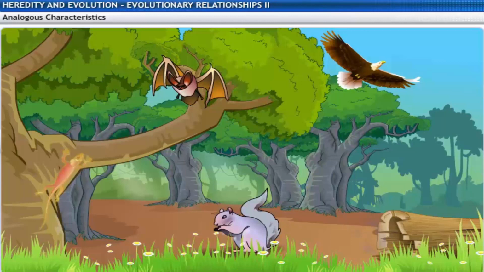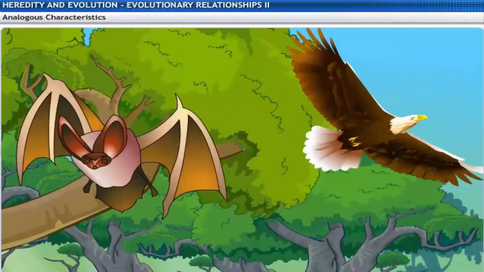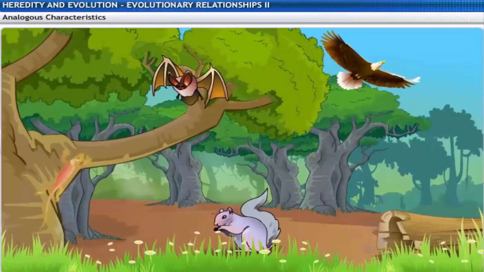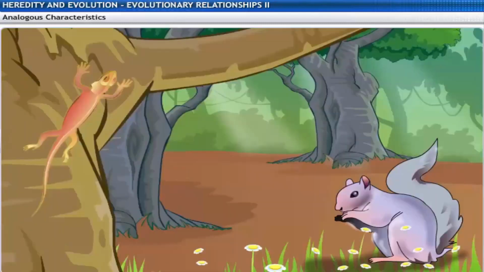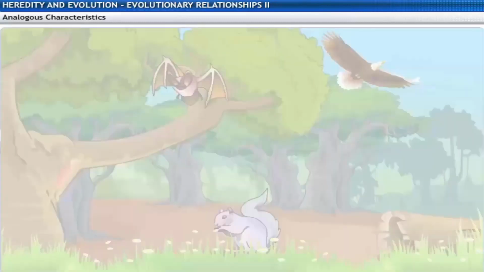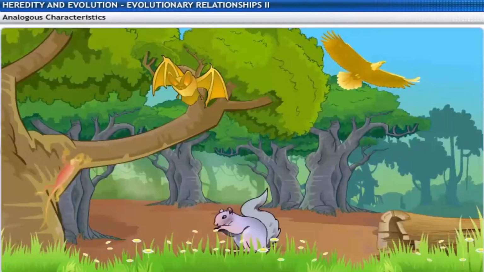Let's consider the example of bats and birds. These 2 animals have wings, but squirrels and lizards do not have wings. From this, we can conclude that birds and bats are more closely related to each other when compared to squirrels and lizards.